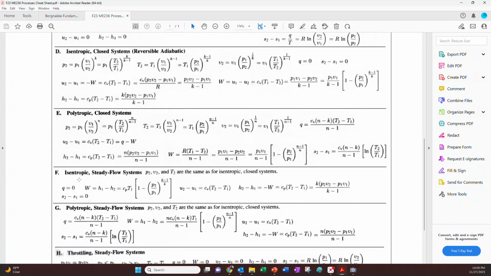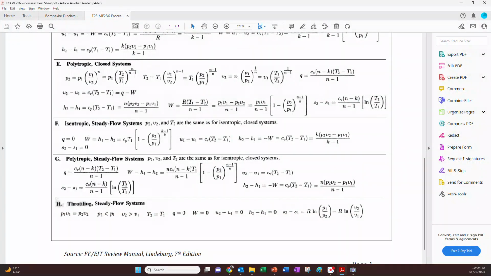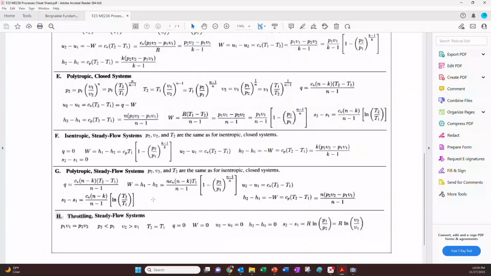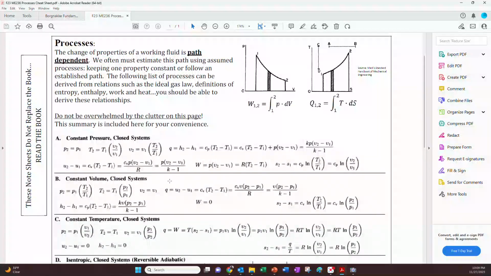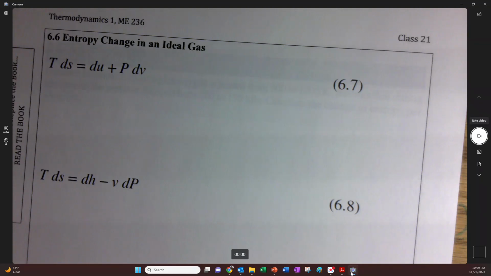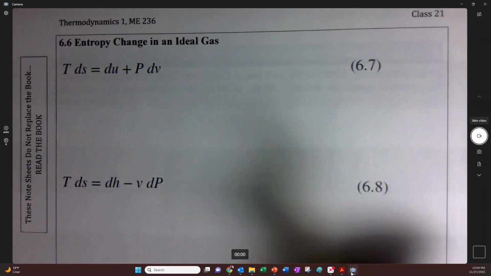This might not be handled this semester. This might come up next semester. And then the polytropic might not come up. But anyway, some of these you might have seen already, but let's see where they came from and be able to get them ourselves, not be reliant. So they come from these Gibbs equations.